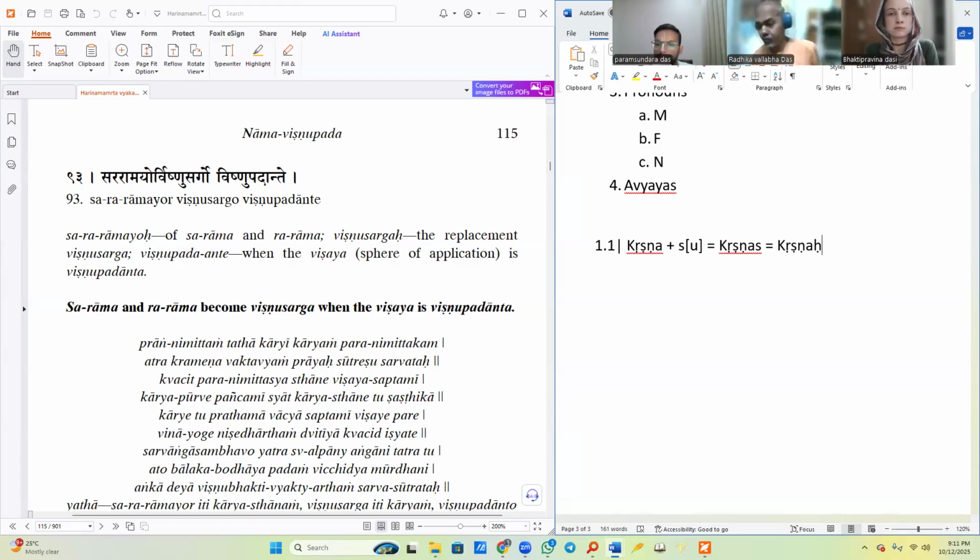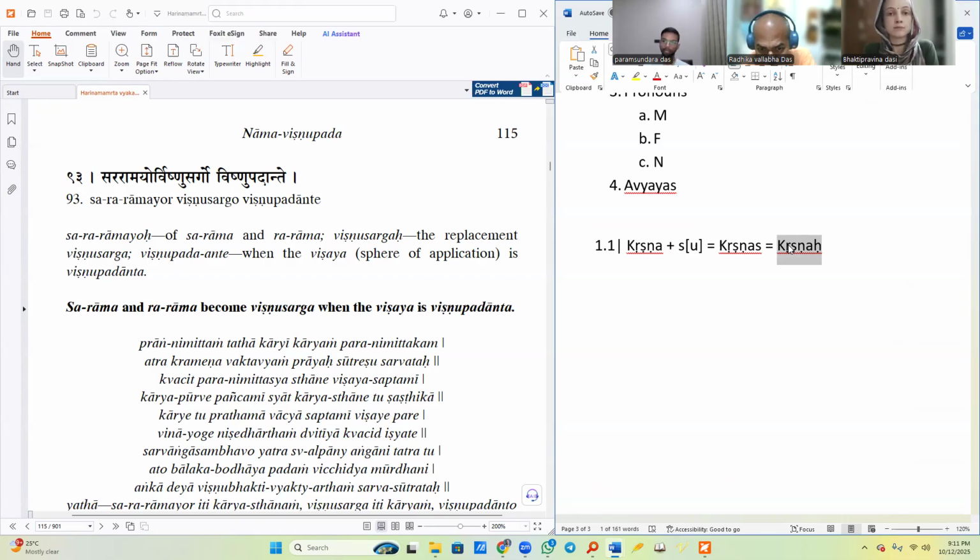Sandhis are applied on such Vishnu Padas; we can't apply Sandhis inside. Mostly they are applied afterwards on Vishnu Padas. Actually Sandhi is the last thing we do if we are composing something.